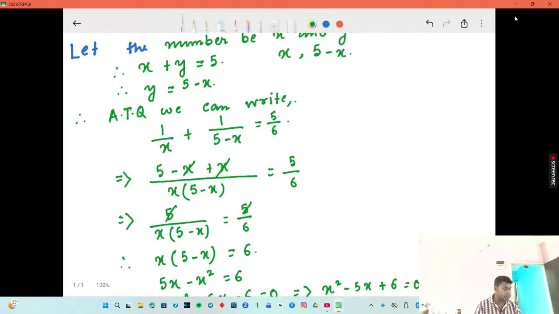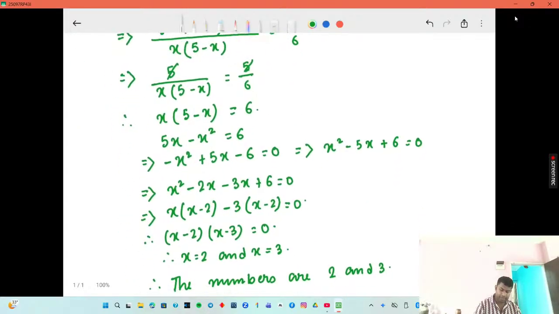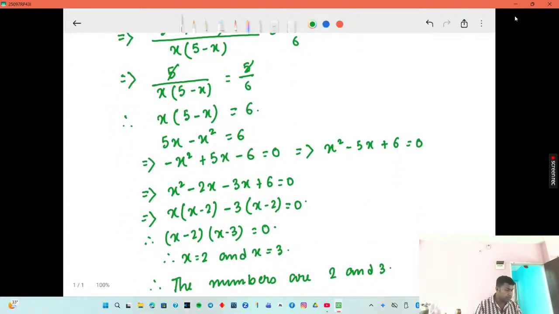When we put the value of x to find the value of y, we get that when x is equal to 2, the value of y is 3. And when we put the value of x as 3, the value of y is 2. So now I will be moving to the next question.